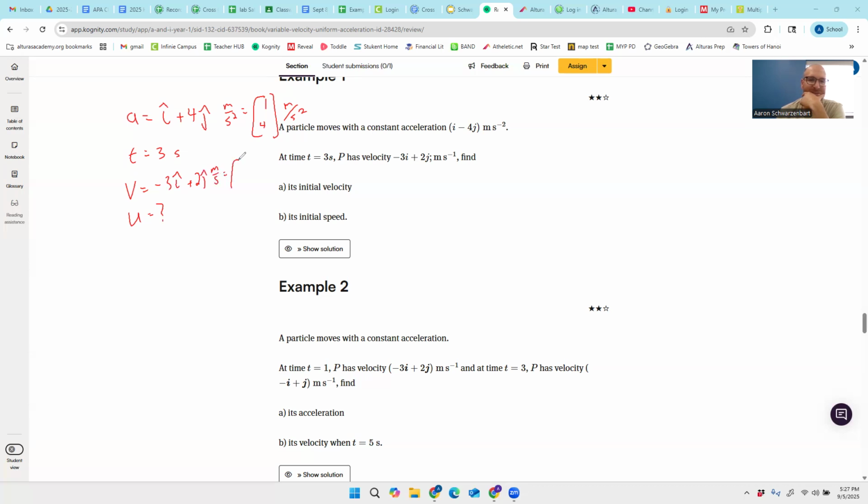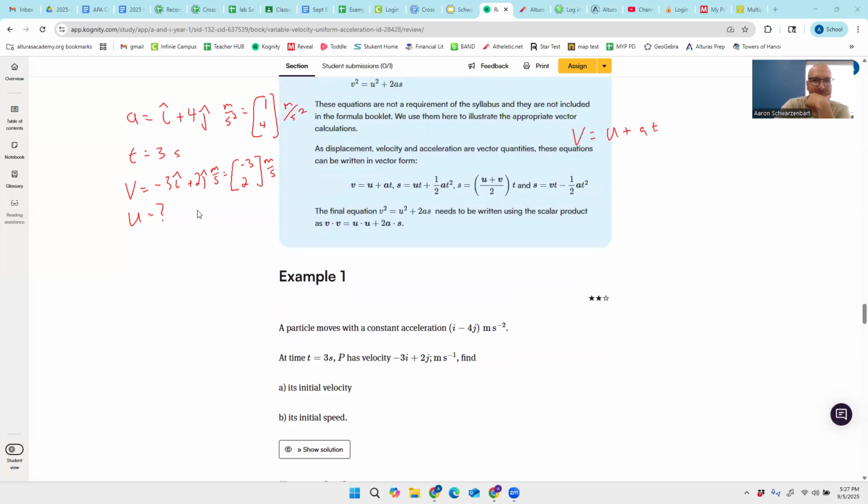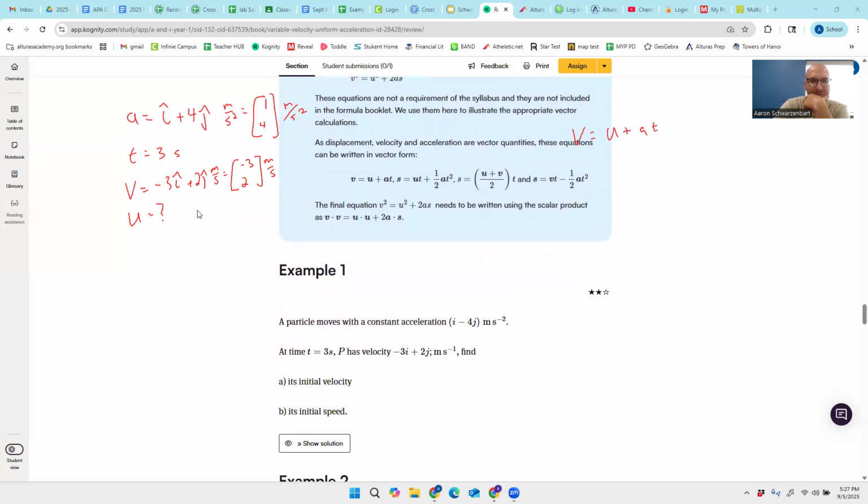I put it in matrix notation, which is probably easier: negative 3, 2. I have an equation, V equals U plus at. I believe that's one of my equations from above. Yep.